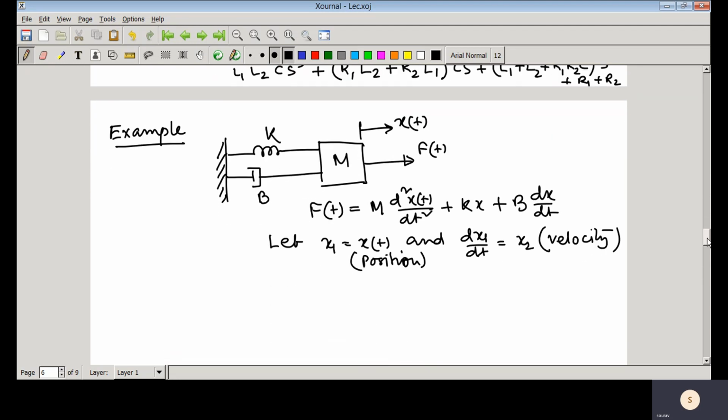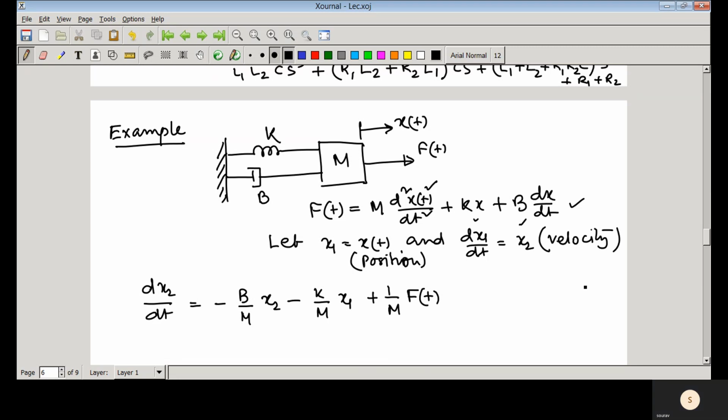Now if you rearrange the differential equation, you can see that dx2 by dt equal to minus b by m x2, taking those terms to the left and dividing by m, minus k by m x1, and here you have 1 by m Ft.